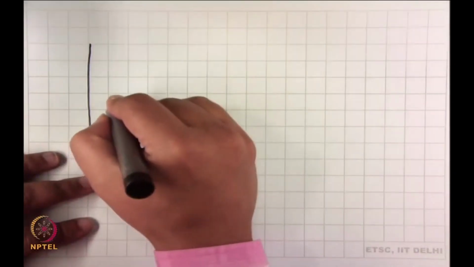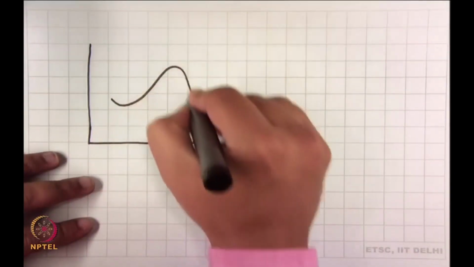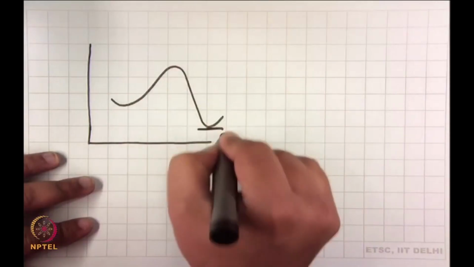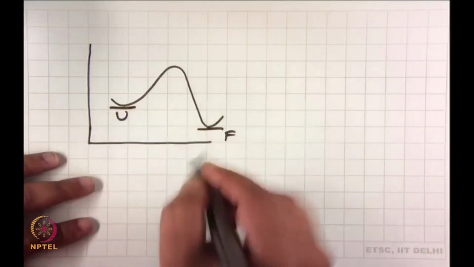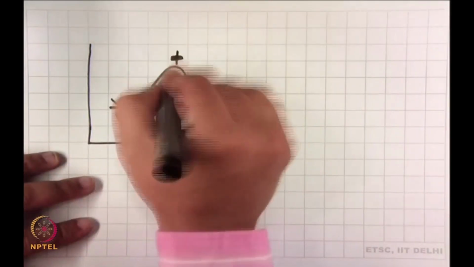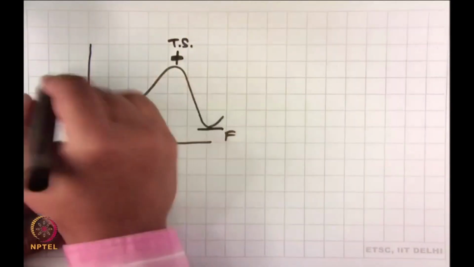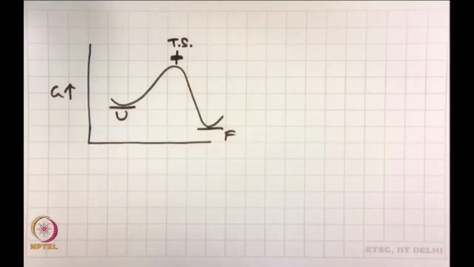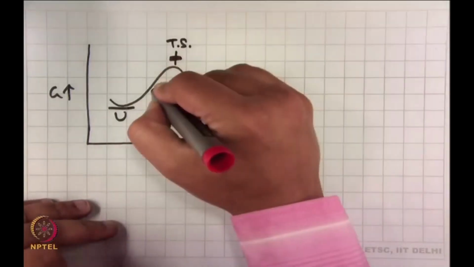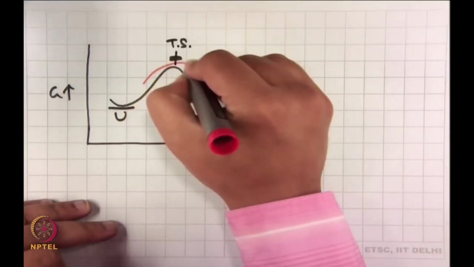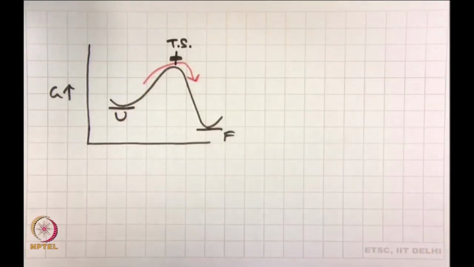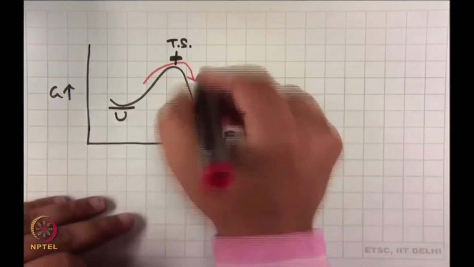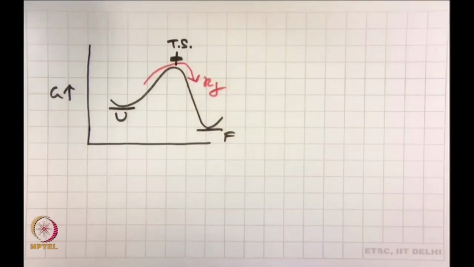So, this is F, this is U and this is your transition state, okay, and this is G. If you are going from here to here, that means if you are moving over the barrier like this, that means from the U to F, what are you looking at? You are looking at a folding process. So, the corresponding rate constant would be Kf.